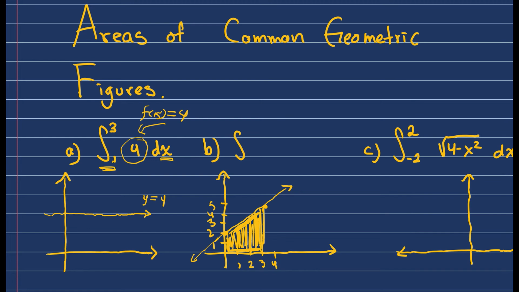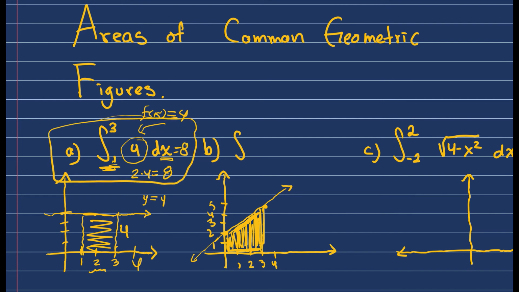Going from 1 to 3 under this function above the x-axis, we get nothing but a rectangle. This rectangle has a height of 4 and a base of 2. 2 times 4 is equal to 8. The value of this definite integral is equal to 8, which is the area under the curve.